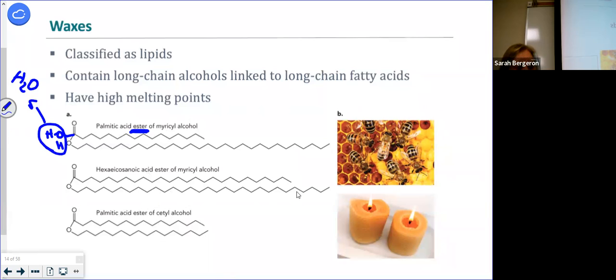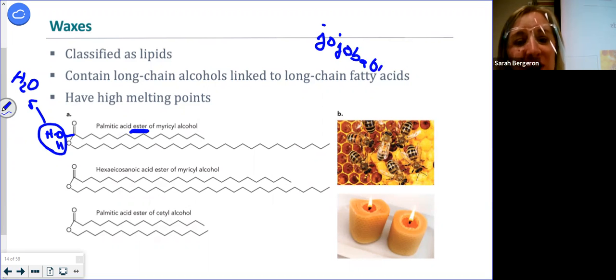Isn't that kind of strange, but it's actually a wax. Jojoba, J-O-J. I don't know how to spell it. Probably jojoba oil, something like that, right? It's really a wax. They call it an oil, but it's actually a wax.